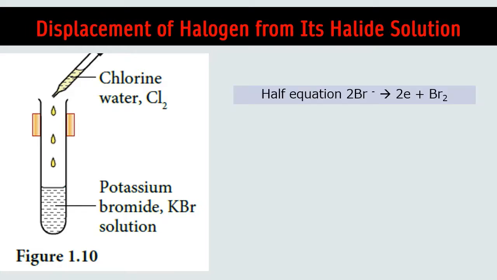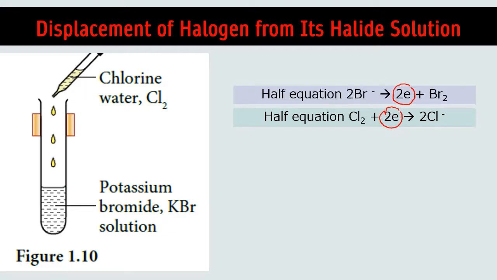The oxidation half equation states that two bromide ions release electrons to form a bromine molecule, while the reduction half equation says that a chlorine molecule receives 2 electrons to form 2 chloride ions. Both half equations consist of the same amount of electrons.